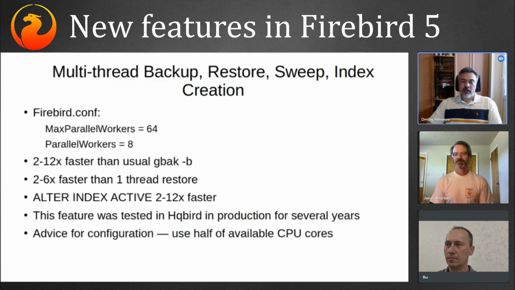It's actually about 2 to 6 times faster, but it's also quite noticeable. Index creation also works faster. So you may benefit from these improvements easily. As for what level of parallel operations you need, the common advice would be to dedicate half of your CPUs or cores to parallel workers.